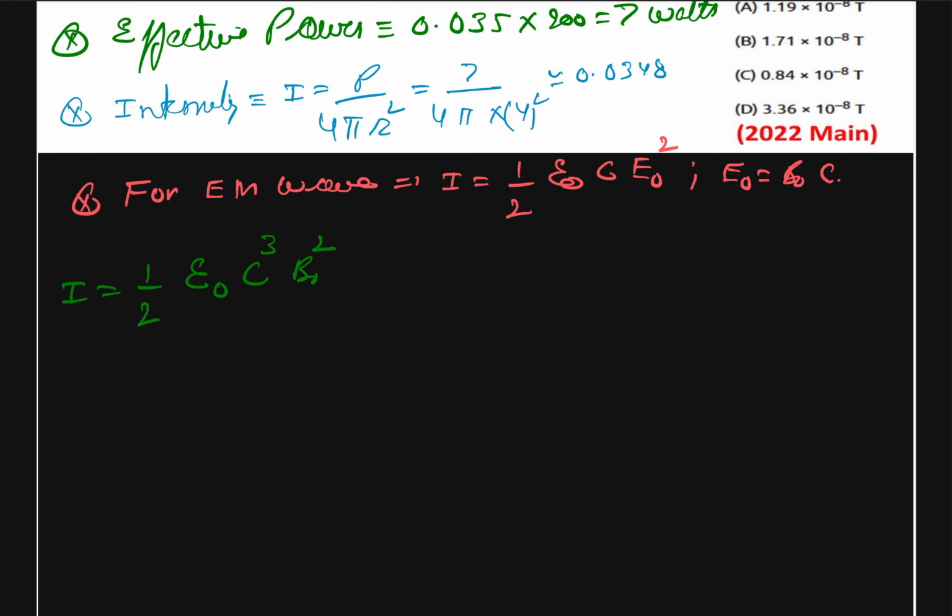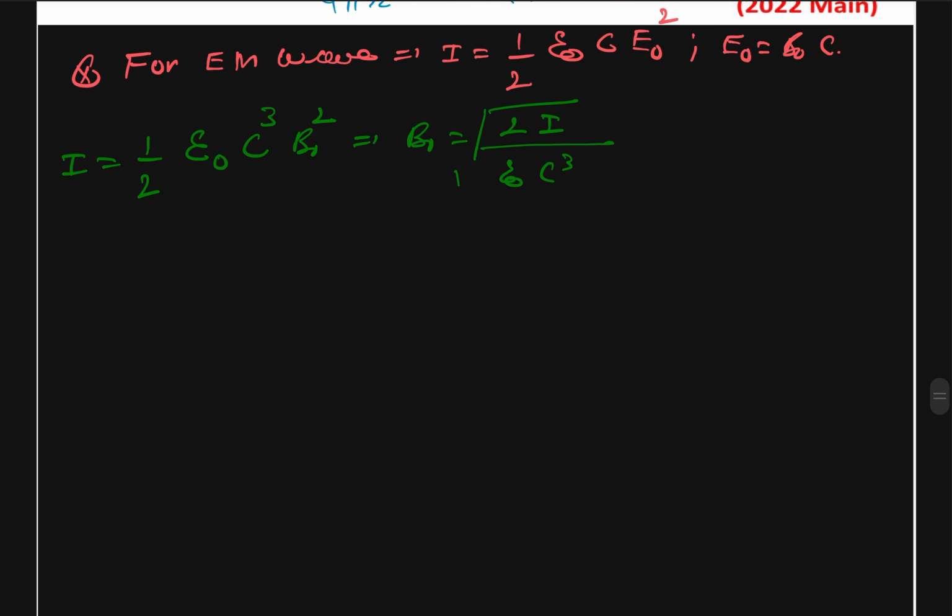And so from here we can say that B naught will be equal to the square root of 2 times intensity over epsilon naught c cube. Now we simply substitute the values.